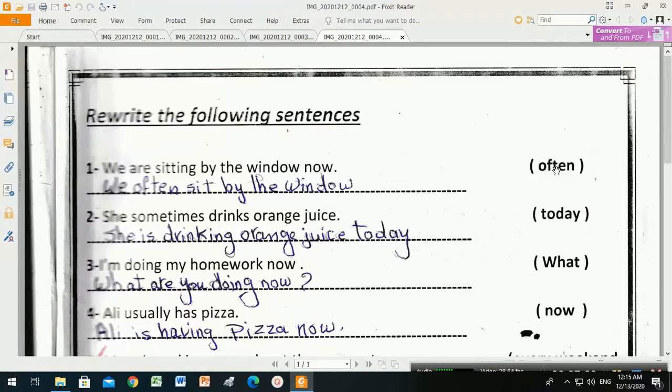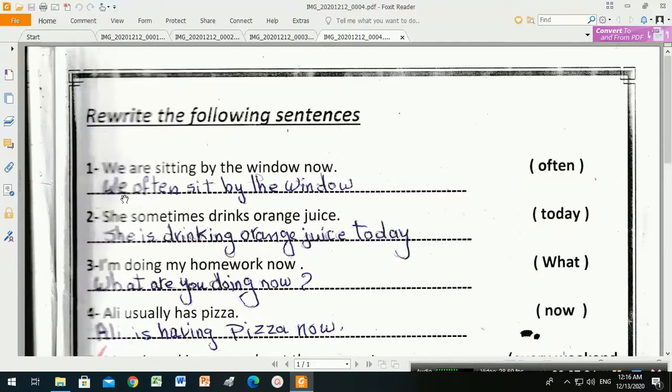And here he wants us to change it into present simple. Okay, first step, we will remove are, we cross out are and then ing, and then we remove now and put often instead of them. Often comes after we.